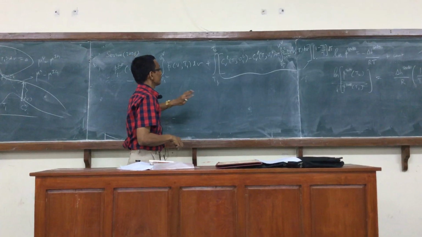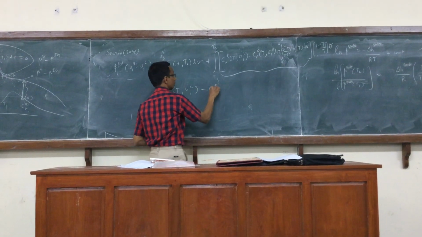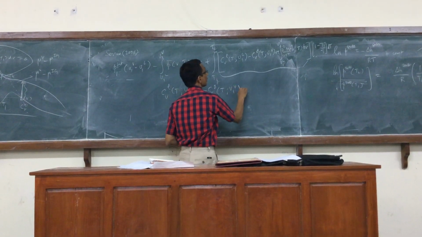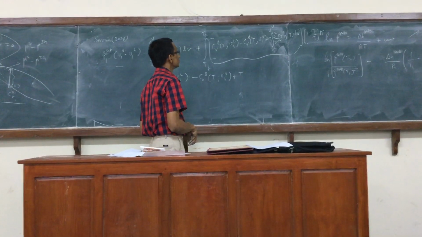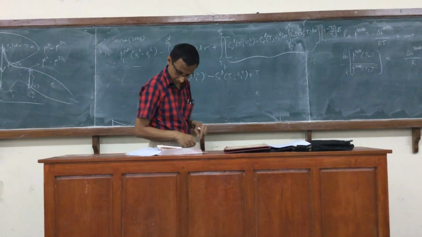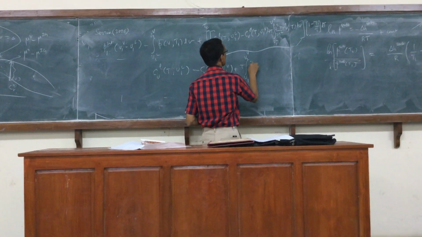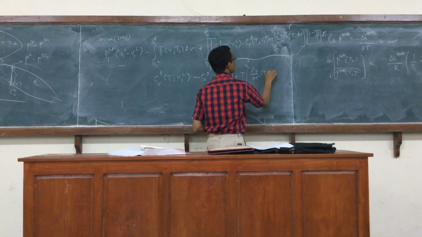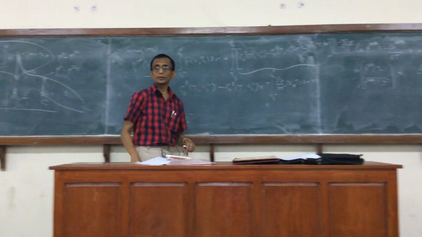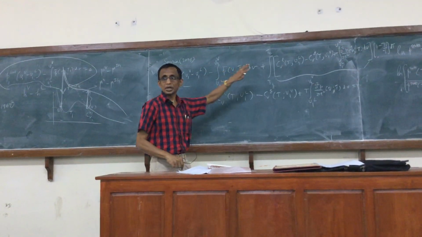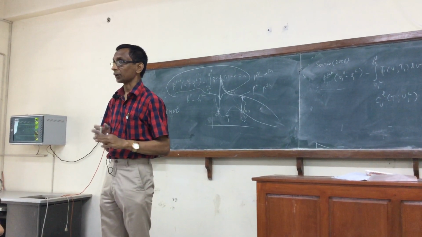So now, if this is zero, that is CVL equals CVG, then you can clearly see that the generalized Maxwell's rule will reduce to the Maxwell's rule, but not otherwise.